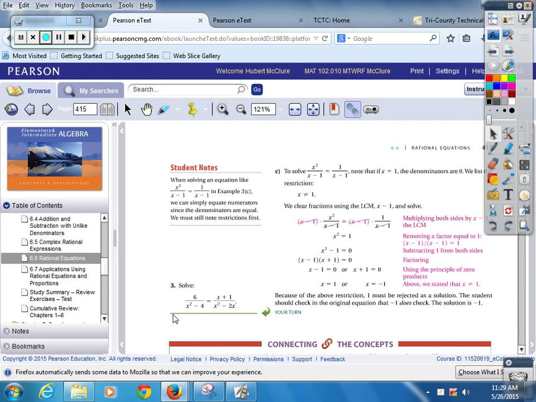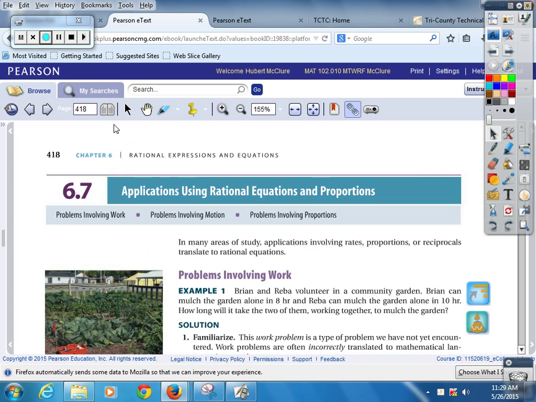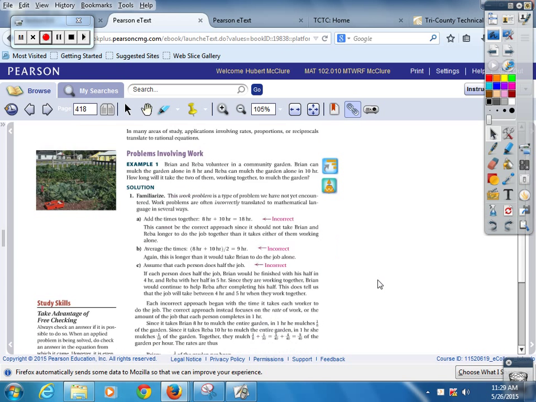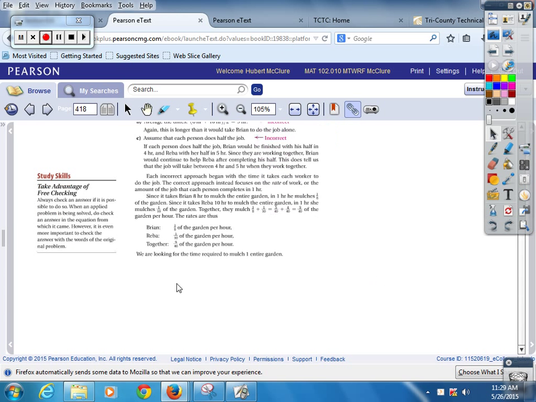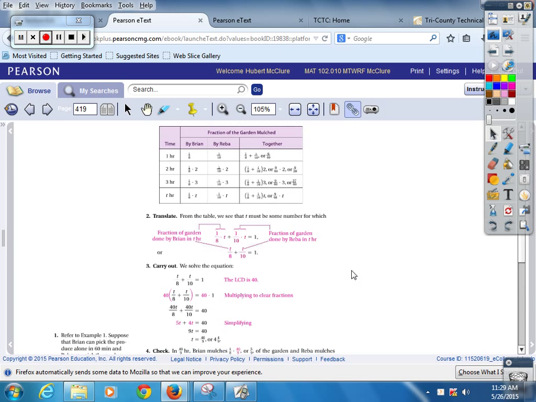All right, let's look at the next section. And I'll tell you what is test question material in 6.7. Anything involving work.